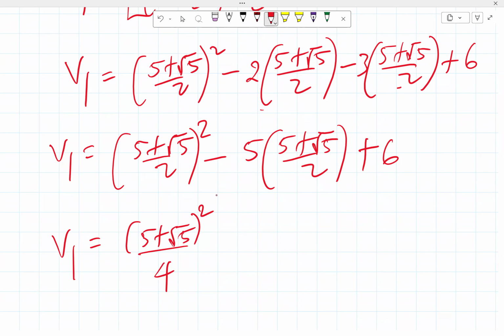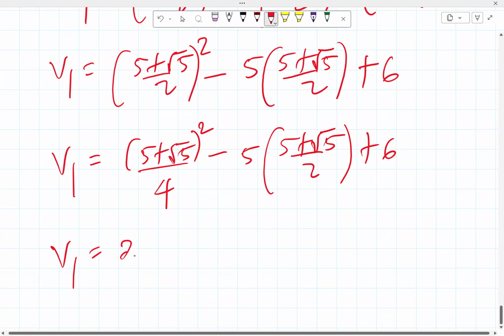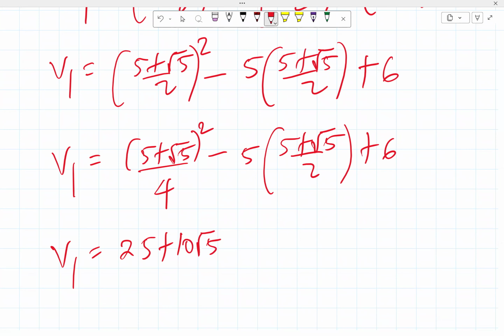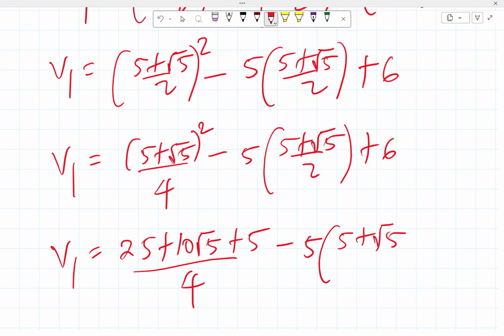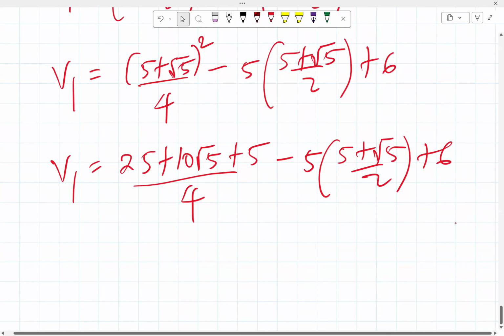So let's try to tidy this up. This is equal to 25 plus 10 root 5 plus 5 all over 4, minus 5 into 5 plus root 5 all over 2, plus 6. So V1 is equal to 25 plus 5, that's 30, 30 plus 10 root 5 all over 4, minus 5 into 5 plus root 5 all over 2, plus 6.